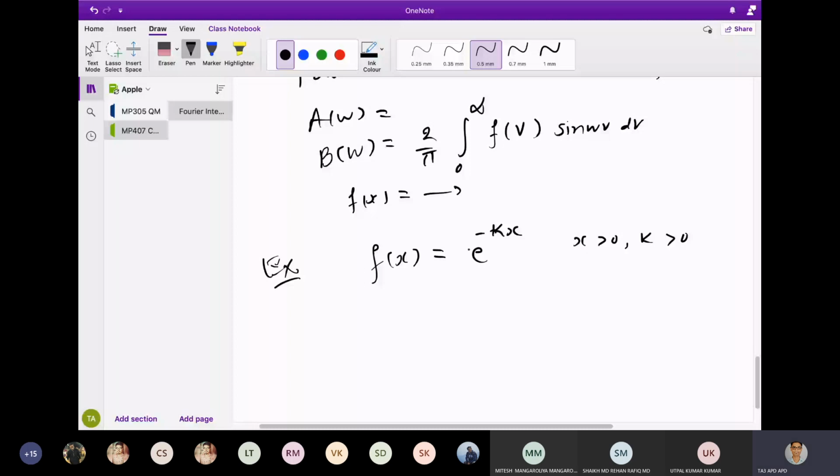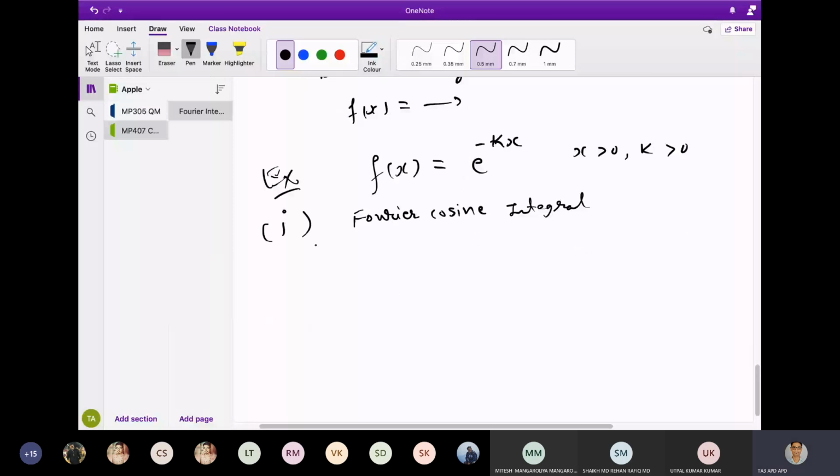Let us just take the first one, the Fourier cosine integral. We need to find the coefficient a, which is equal to 2 over pi, integral from 0 to infinity of f of v cos wv dv.